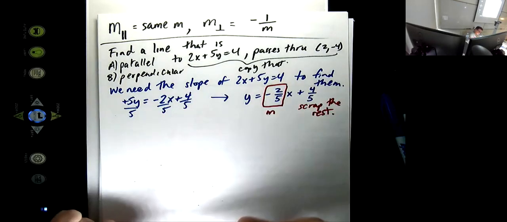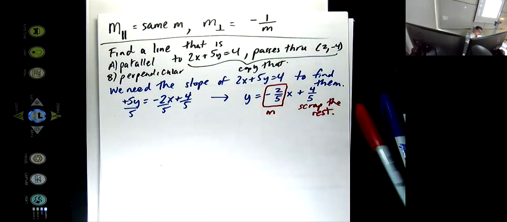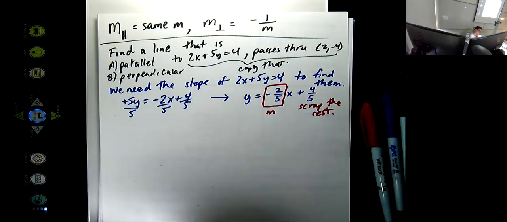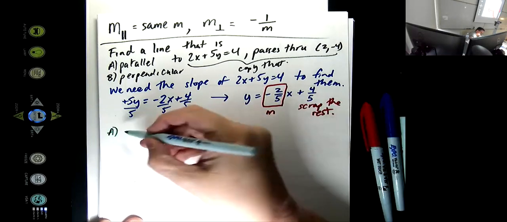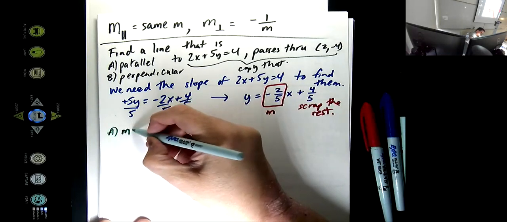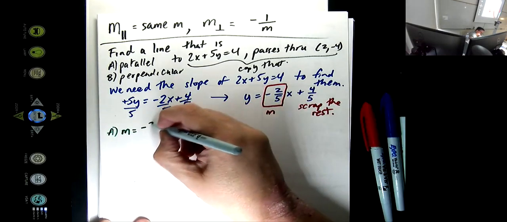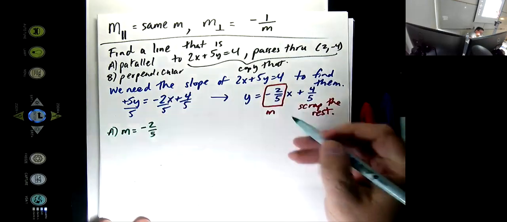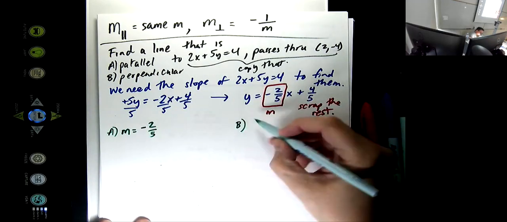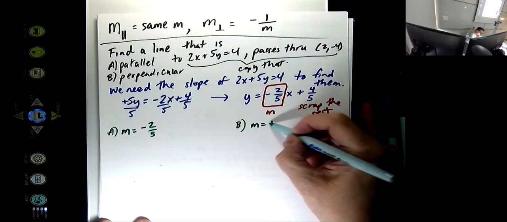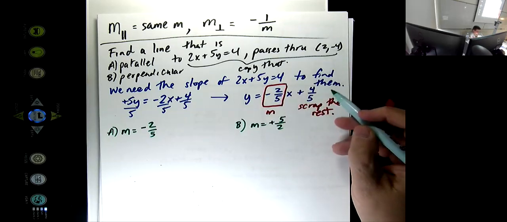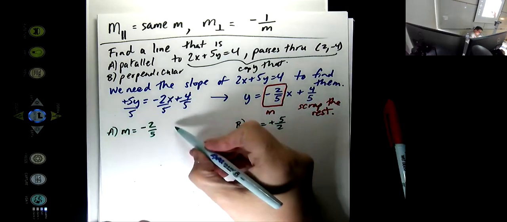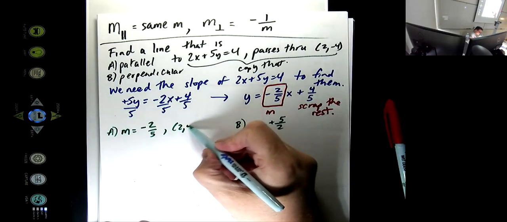Once we have that information, now we can do parallel and perpendicular. Parallel has the same slope, so m here will be -2/5. And the perpendicular m will equal +5/2. In both cases, we're using the point (2, -4).